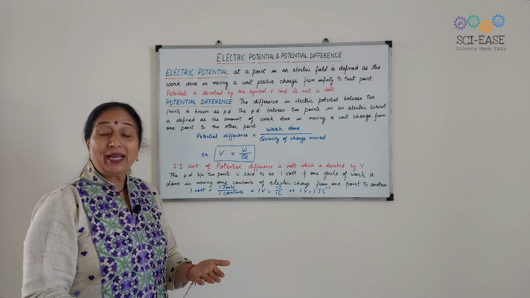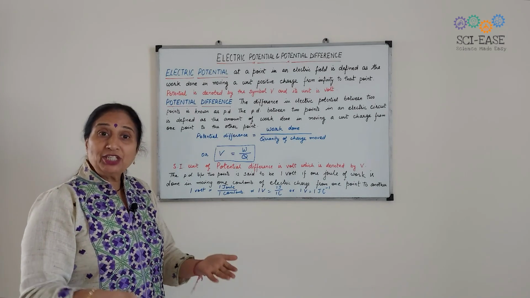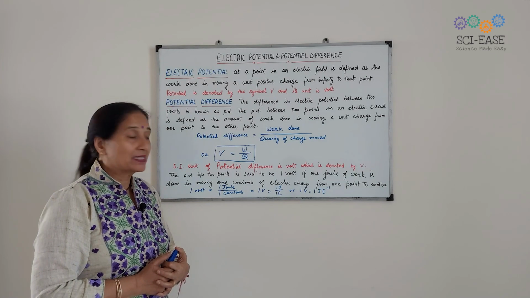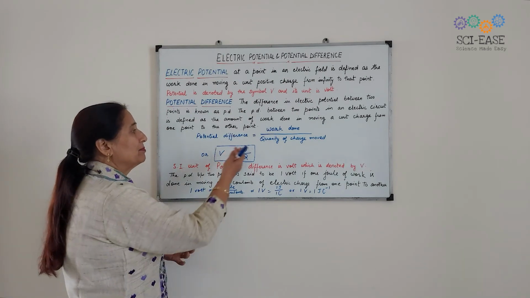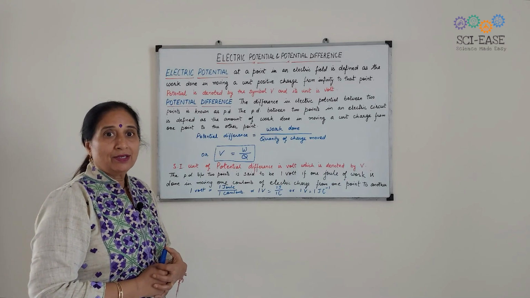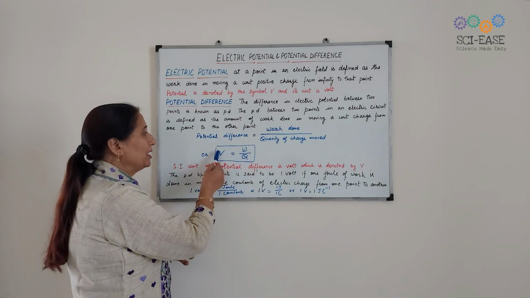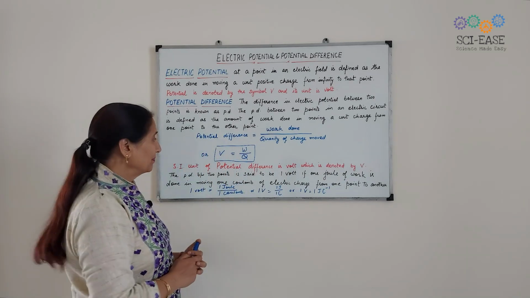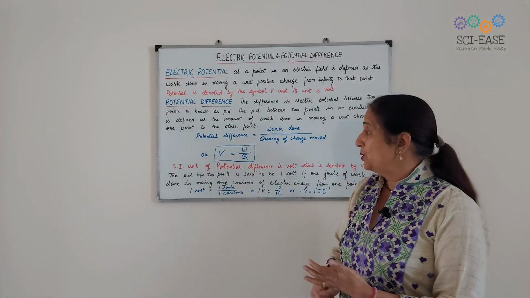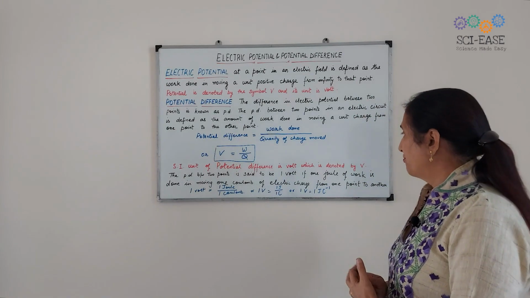On the basis of this, sometimes you have to calculate the potential difference. Numericals are there in the exam. Sometimes you have to calculate the work done. In that case, W will be equal to VQ. Now what are the SI units of potential difference?